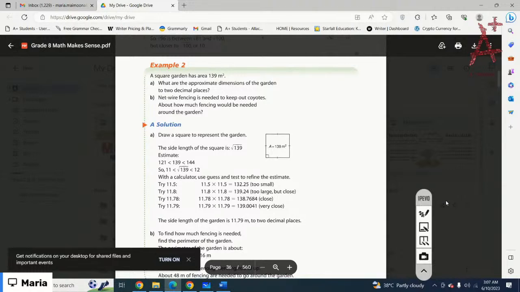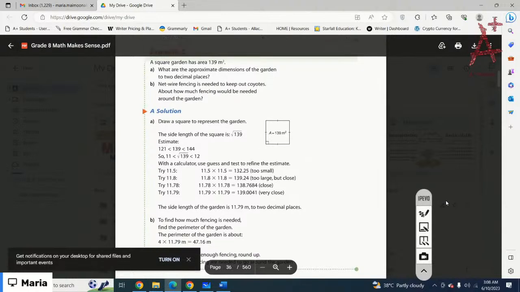The square number closest to 139 is 144, and 144 is the square of 12. Then another close number that is less than 139 is 121, that is the square of 11. That means square root 139 is between 11 and 12. If you calculate the value, it would be 11.79.